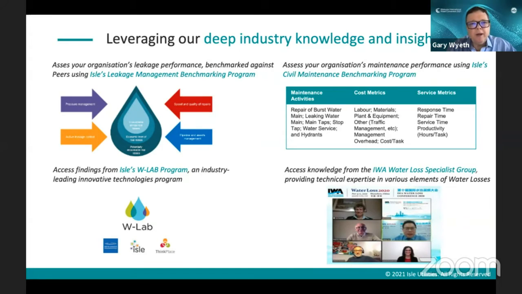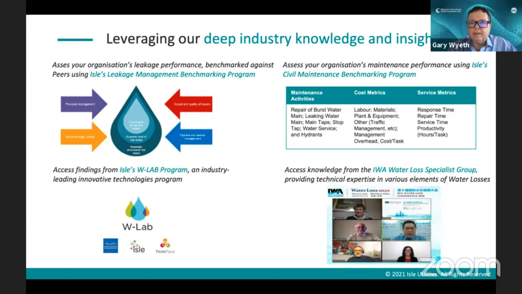Another program that IOL runs is called WLab, or in the UK it's called TAG, and it's a technologies program where utilities can sign up and then have access to a database of thousands of different technologies. So if a utility is looking at, say, a new technology for water quality testing, they can go onto the database and view whatever technologies we have.